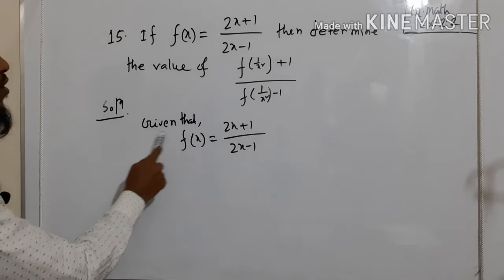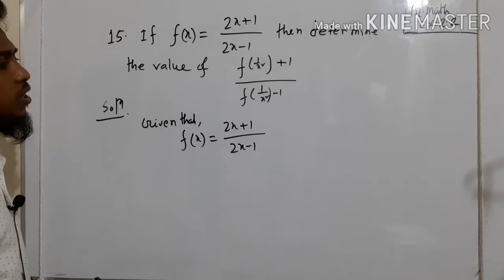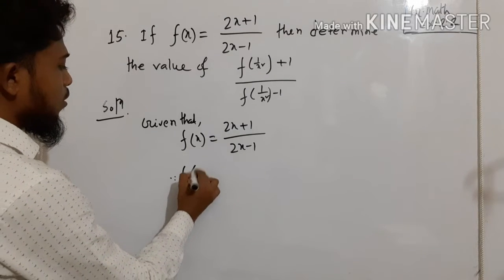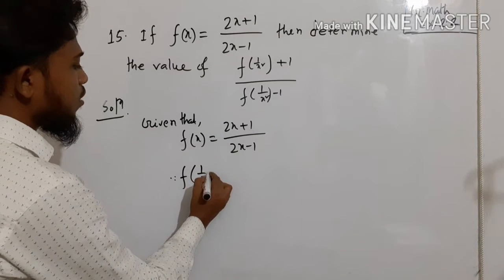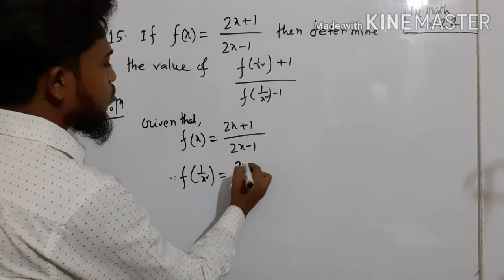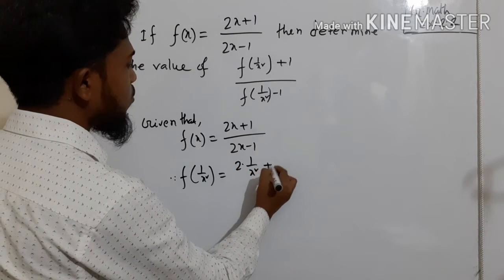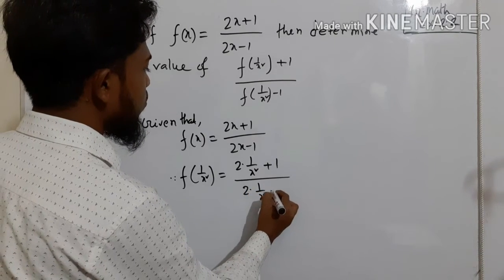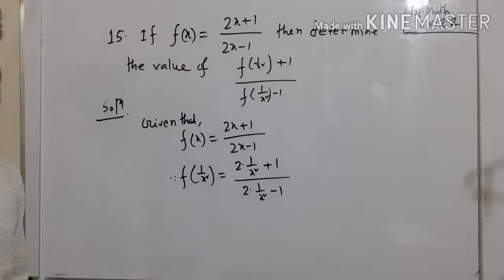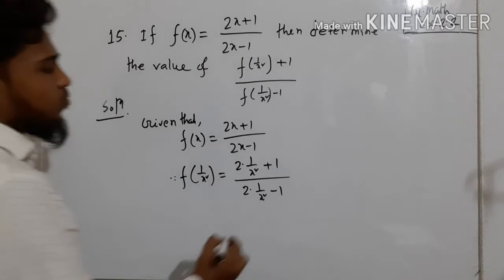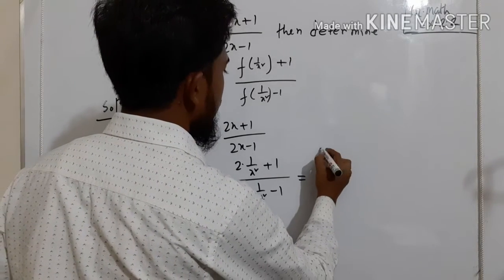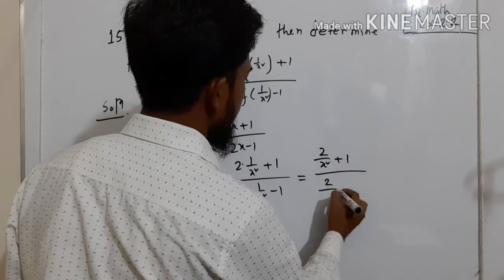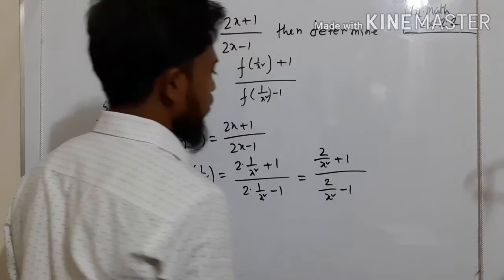Now look, given that f of x equal to 2x plus 1 divided by 2x minus 1, so f of 1 by x square equal to 2 into 1 by x square plus 1 divided by 2 into 1 by x square minus 1. So we can write 2 by x square plus 1 divided by 2 by x square minus 1.